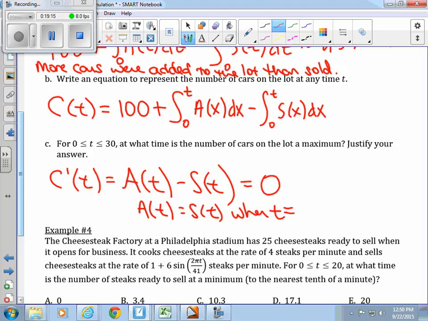Show the AP reader that that's when t is approximately 21.